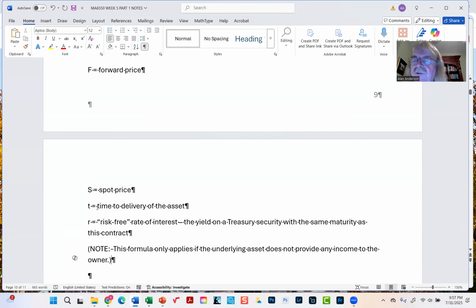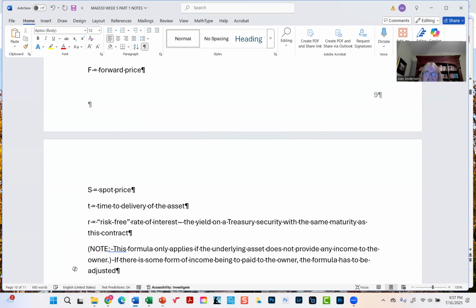You don't get interest payments or dividends or anything like that. If there is some form of income being paid to the owner, the formula has to be adjusted, of course. And we will see how that works.